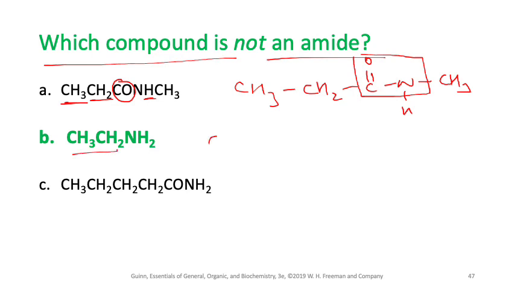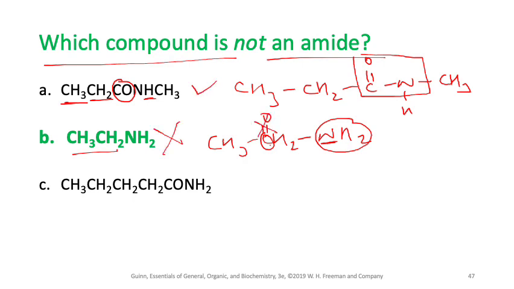What about the second one? CH3, CH2, NH2. Even though you have a nitrogen, you don't have a carbon attached to the nitrogen that has a carbonyl group, right? So this is not an amide. What about the third one? You have CH3, CH2, CH2, CH2.